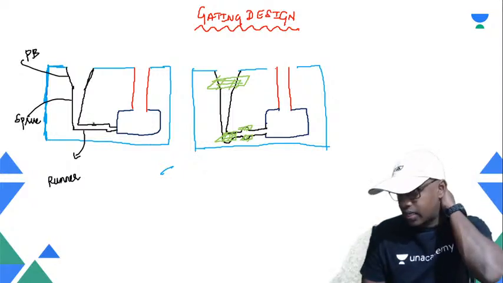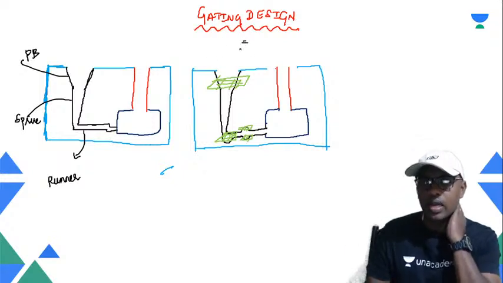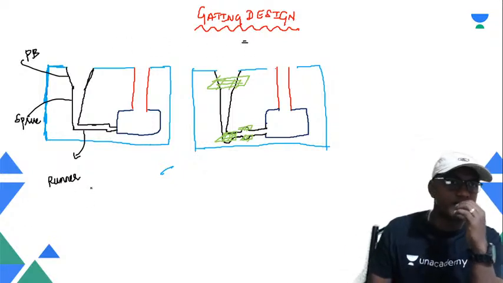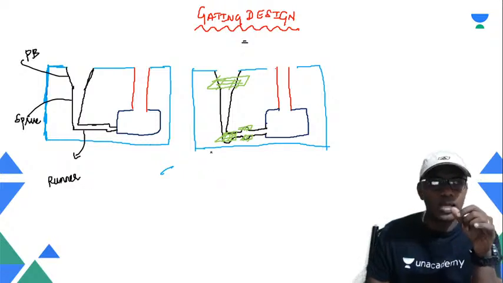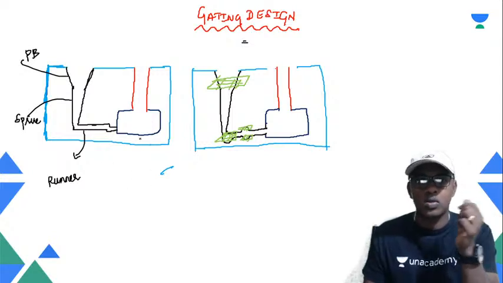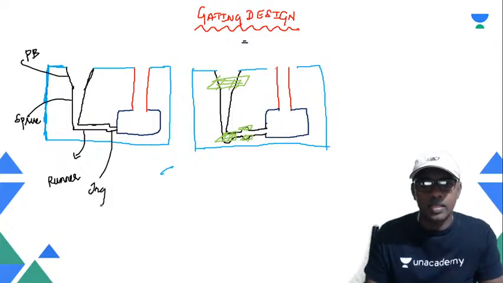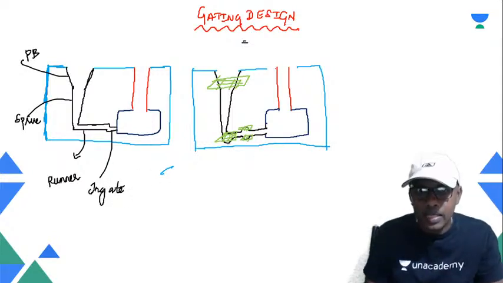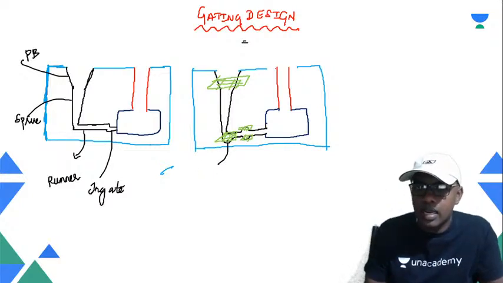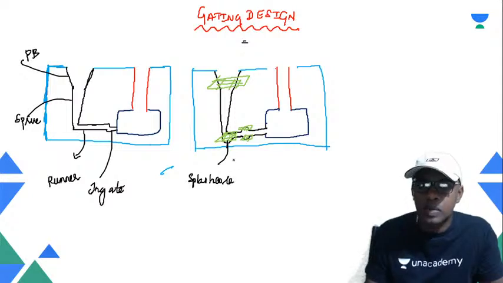So there is a shortcut in the gating design I want to tell you. They used to ask a question here, so you can make a note of it. So this is the runner, and this is the in-gate, right? These are the things that we can see. But you can see here a small shallow portion being cut out in the runner, and that green colored part we are calling the splash core.